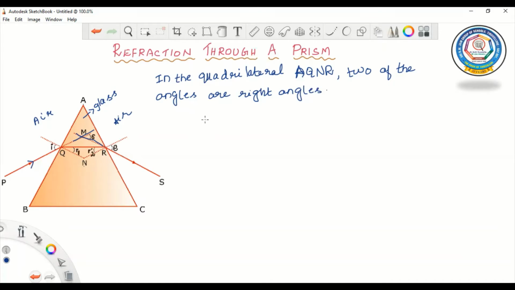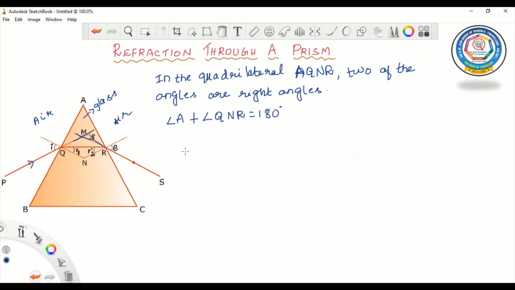Therefore, the sum of the other angles of the quadrilateral is 180 degrees. So we write angle A plus angle QNR is equal to 180 degrees.